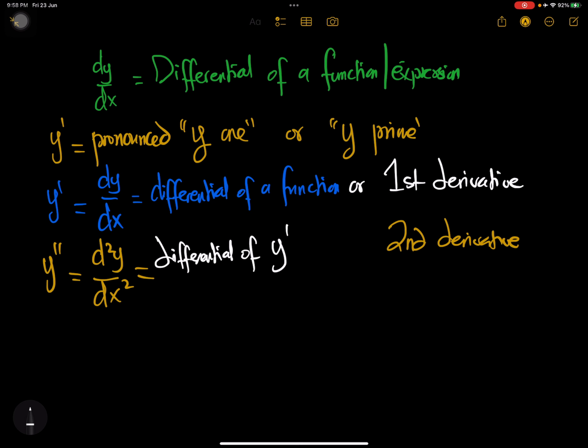And y2 is the same as d2y over dx squared, which is the differential of y1, known as the second derivative.